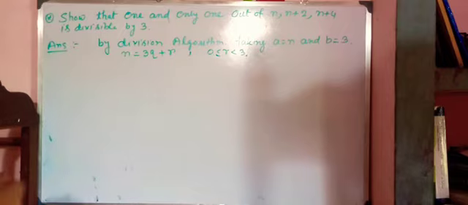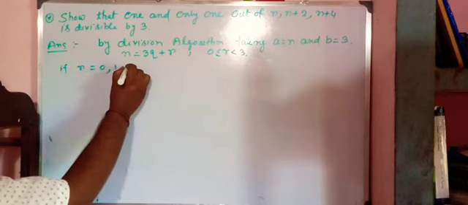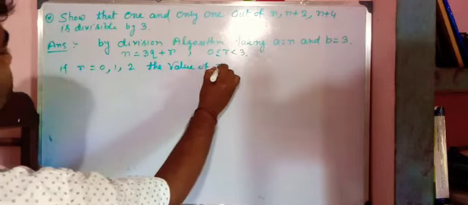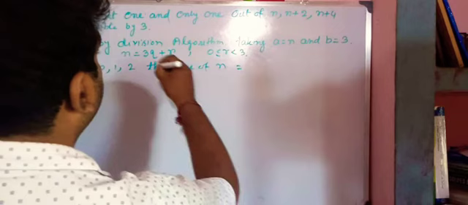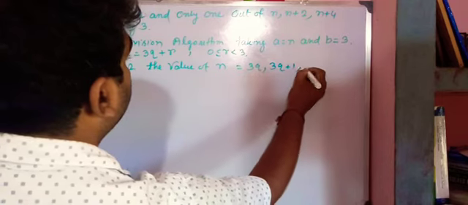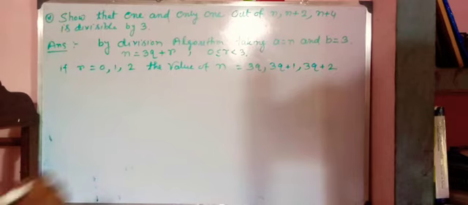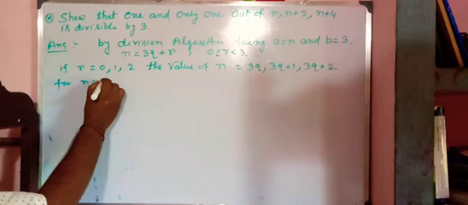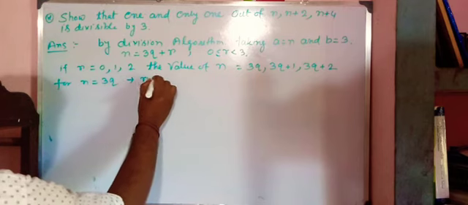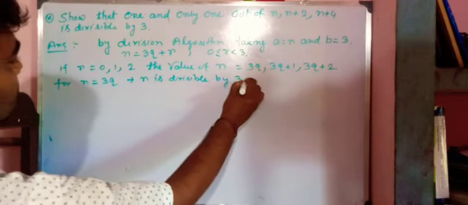Now r is equal to 0, 1, 2, and the value of n will be 3q, 3q plus 1, 3q plus 2. For n equal to 3q, n is divisible by 3.